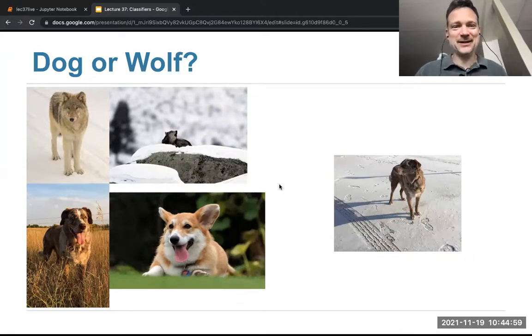That's a really good idea. So another possibility is to get more data in the training set that's representative of the full diversity of things that might happen. See, our training set here was not fully representative because sometimes dogs are on snow and sometimes wolves are running around on grass.